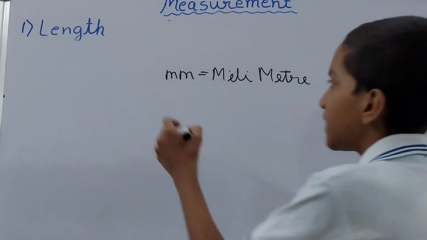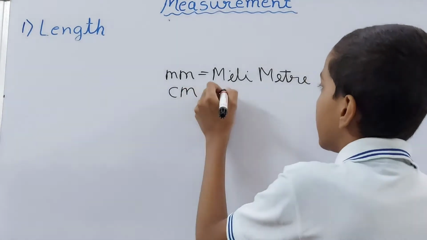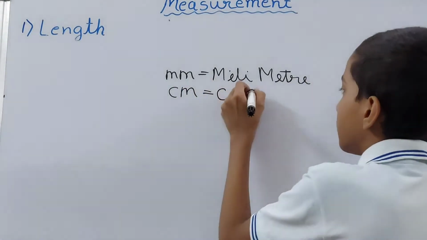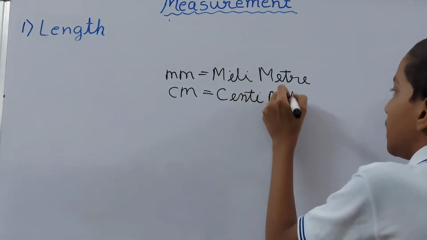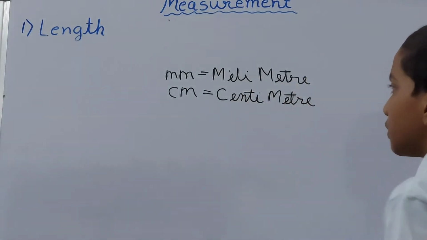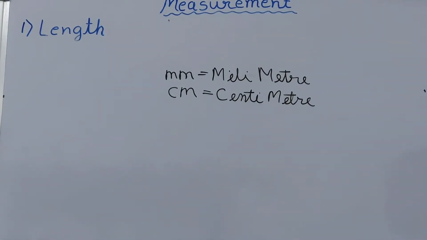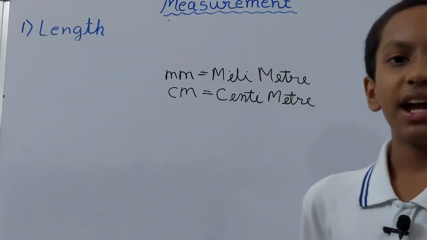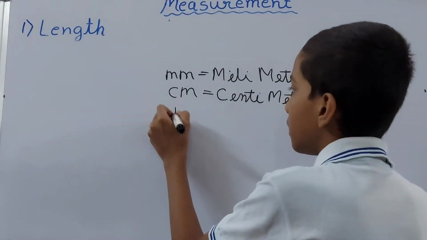And the next unit is cm, that is centimeter. So the next unit which is after millimeter is centimeter, and in short we write it as cm. Let's see the next unit.